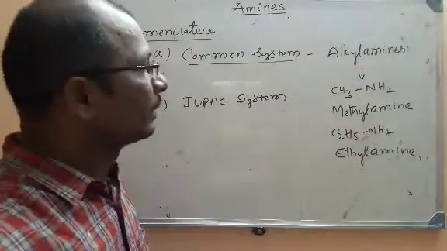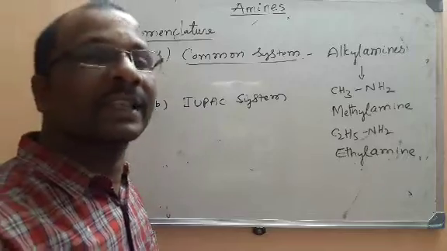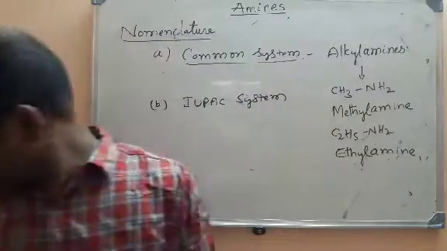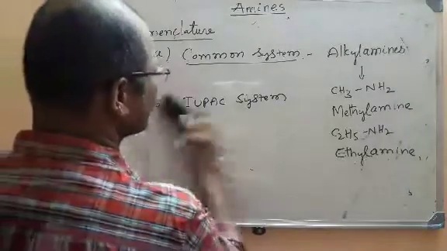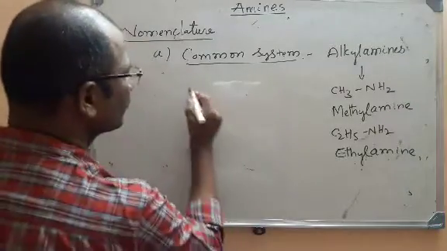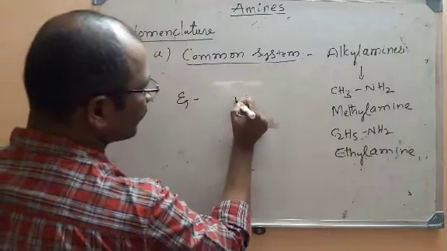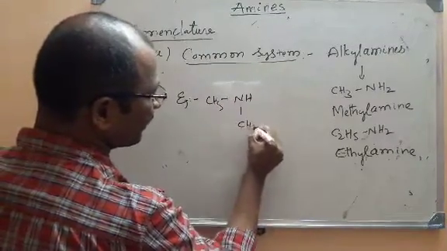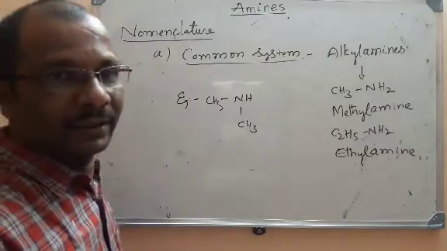Now what if there is more than one alkyl group, that is, secondary amine and tertiary amine? For example, here I will take one molecule like NH with CH3, CH3. It's a secondary amine.